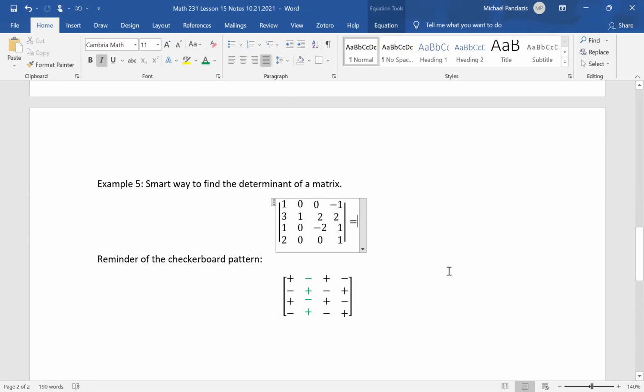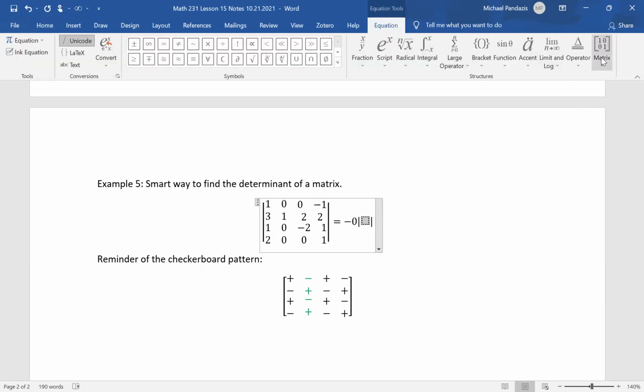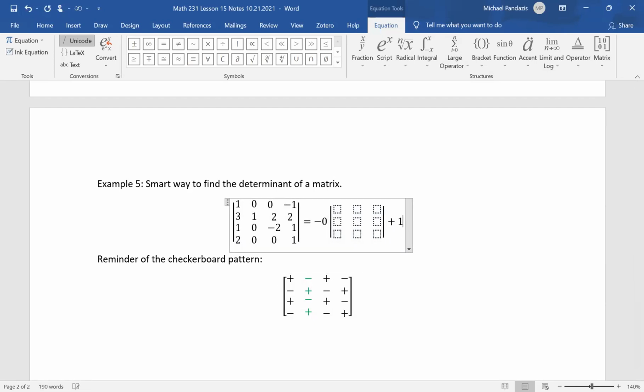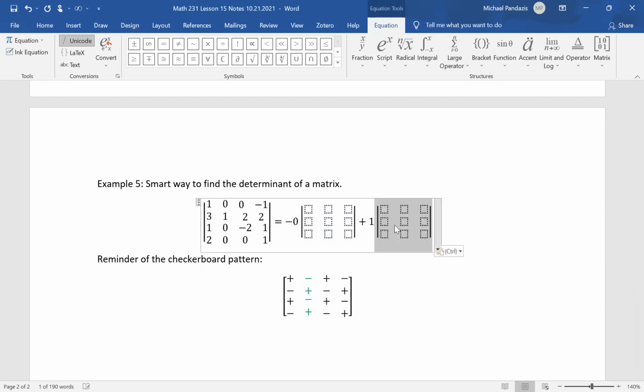Once you get used to this, it's not as hard as in the beginning. You're going to take minus 0 times the determinant of the corresponding submatrix, which is a 3x3 matrix, because we're starting with a 4x4 matrix. So you have a minus 0 there, but now this is a plus, so it's plus the entry there times the determinant of a corresponding submatrix.